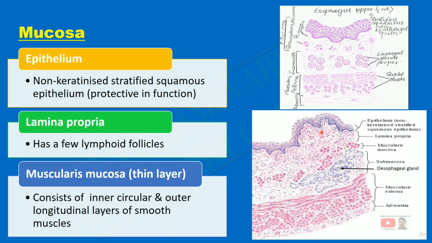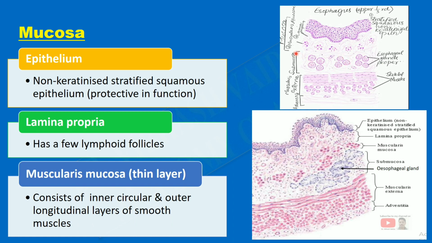As you can see here, it has a few lymphoid follicles. After the lamina propria, we have a muscularis mucosa, and this muscularis mucosa is a very thin layer of the mucosa, and which separates mucosa from the submucosal layer.